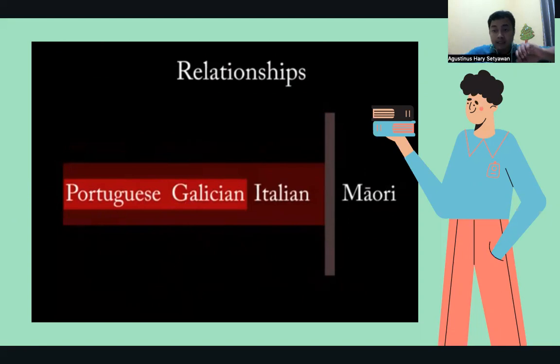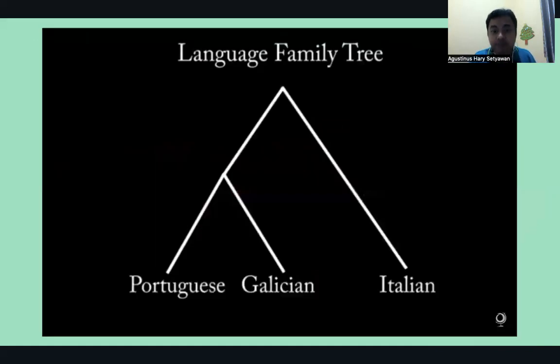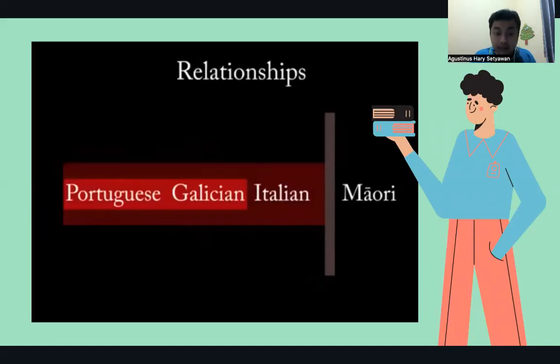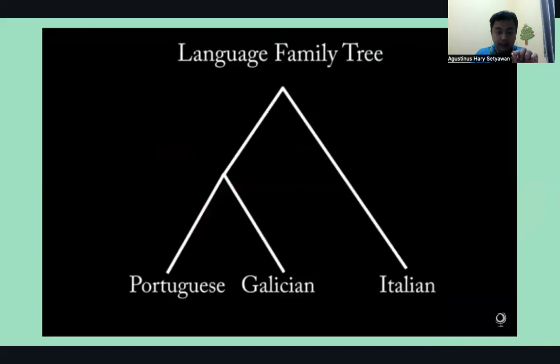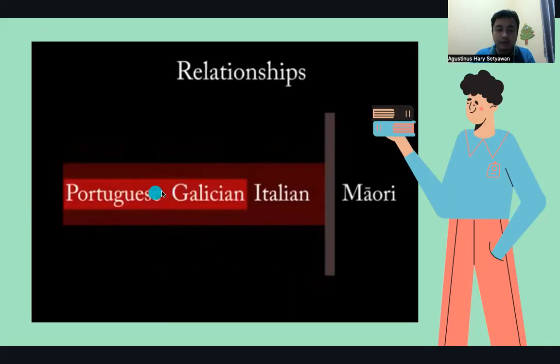Then Maori is the outsider, of course, not that close, doesn't have a relation, not at all, but in the scope of Portuguese, Galician, and Italian. Then if we draw these three languages, Portuguese and Galician have the closest relation, like this.